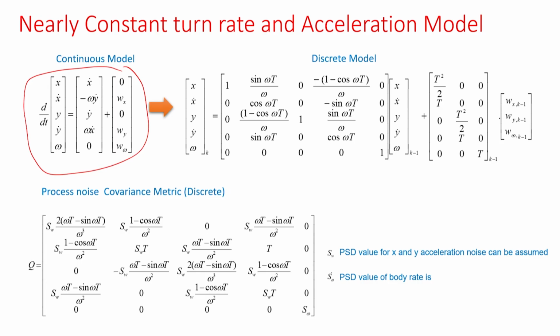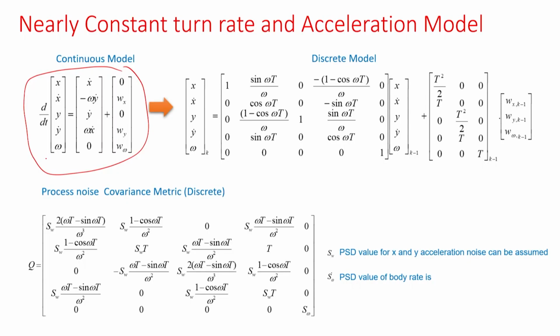Actually, your job in maneuvering target tracking is to estimate omega first, and once the omega estimation is proper, your x, y, vx, vy estimation will be proper. That is why your omega will be a Wiener process. So, omega dot is equal to white noise. If you want to model it as a Markov process, well, your wish.